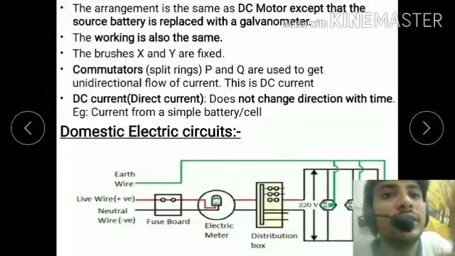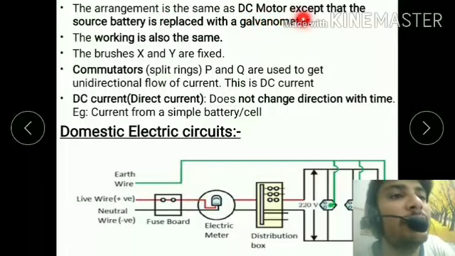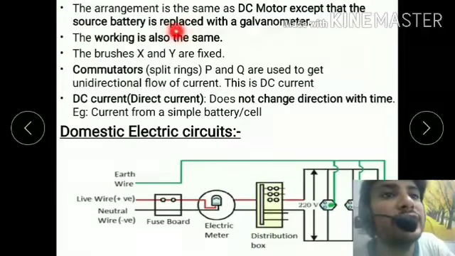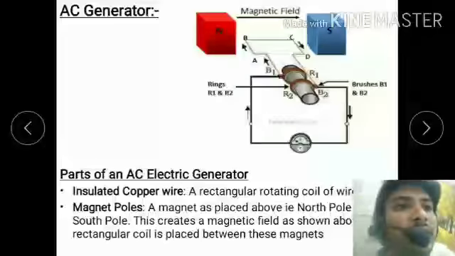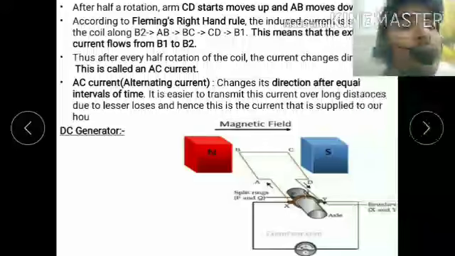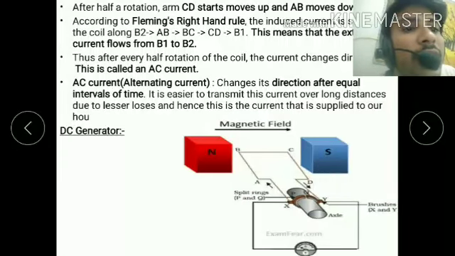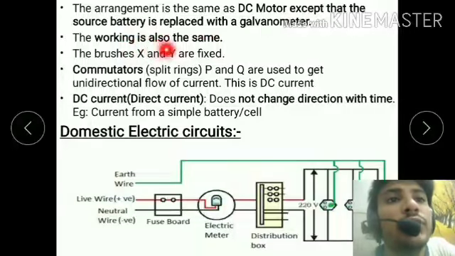The arrangement is the same as a DC motor except that the source of battery is replaced with a galvanometer. You can see this is the galvanometer, and the working is also the same.